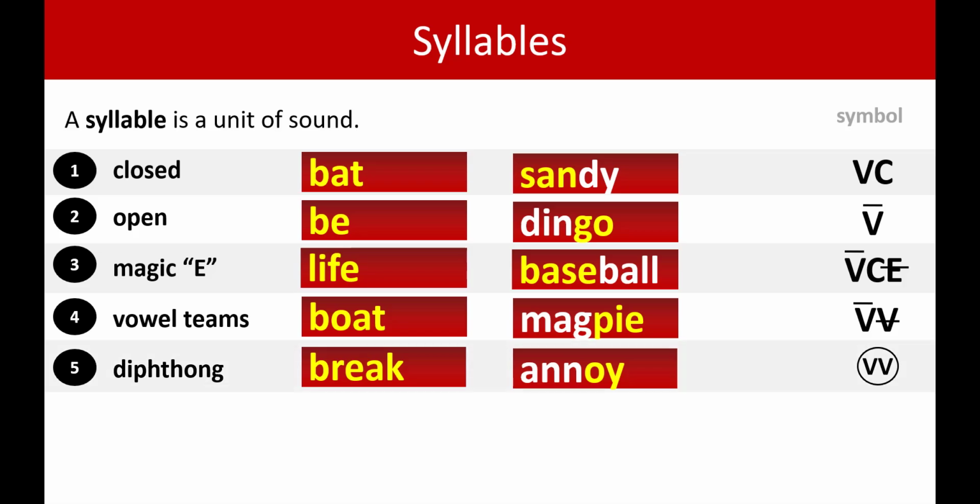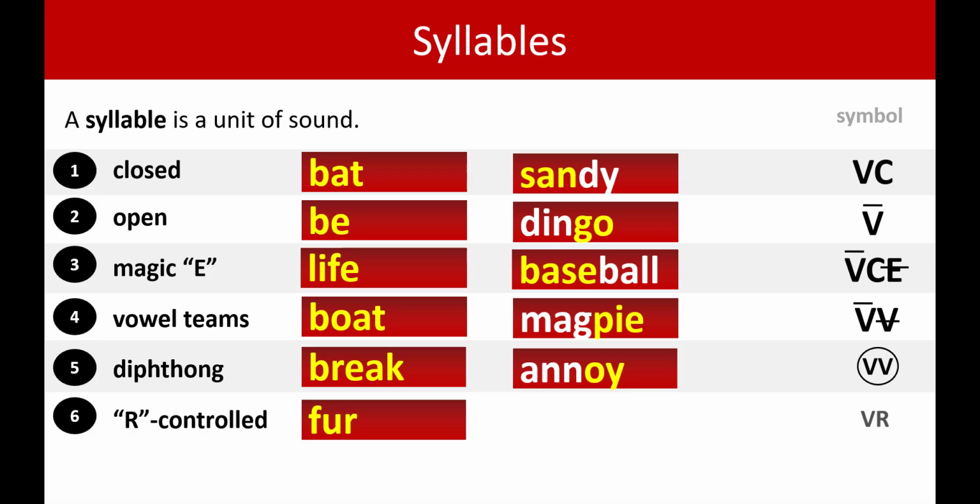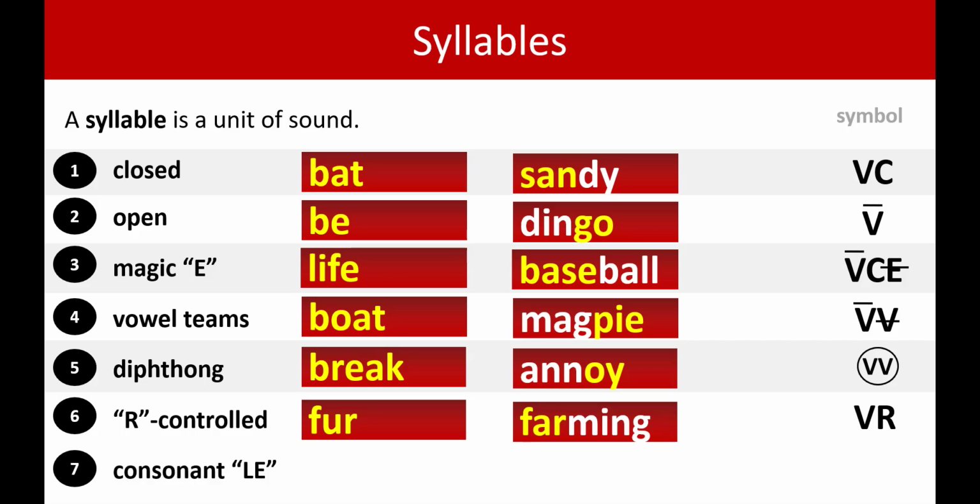Type 6 is the R-controlled syllable. An example, fur. The symbol, vowel R. And it's that R that controls what the vowel sounds like. Here is another example. Far in the word farming. And the last type is consonant LE.